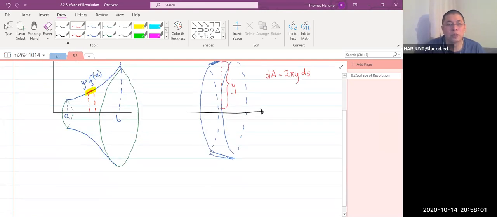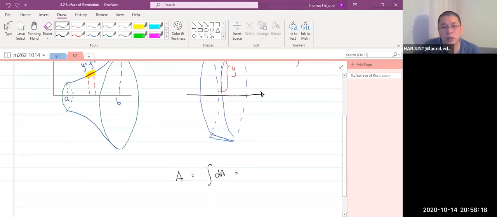So the area, if you revolve that around the x-axis, will be the integral of dA, which is the integral of 2 pi y ds.